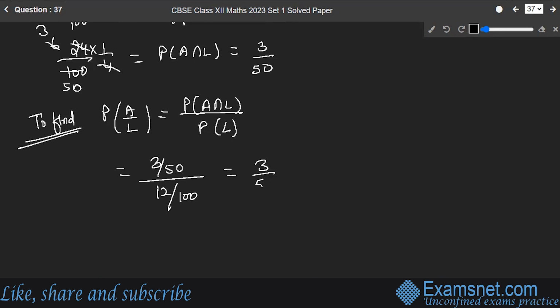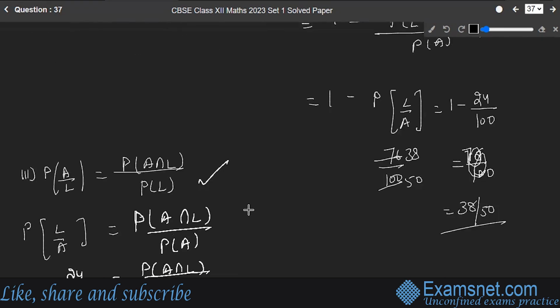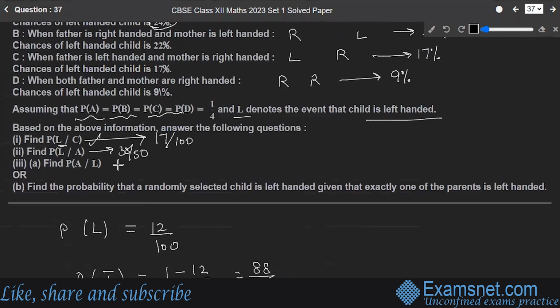So this is 3 by 50 into 100 upon 12. That is equal to 1 by 2. So the third part has the answer as 1 by 2.